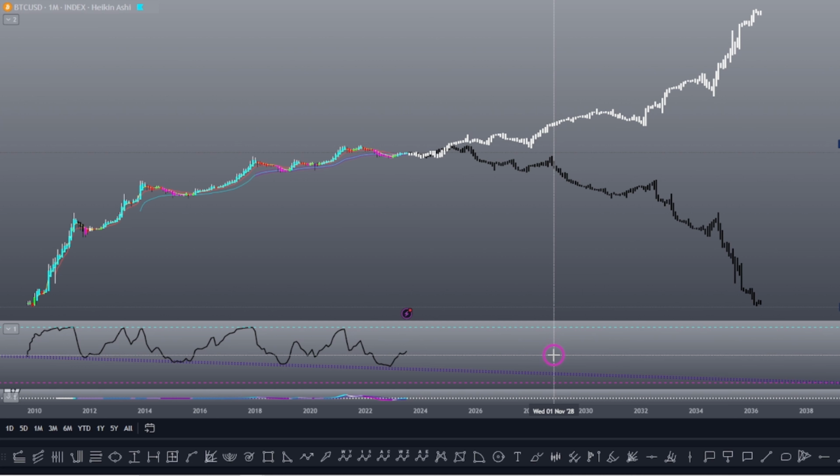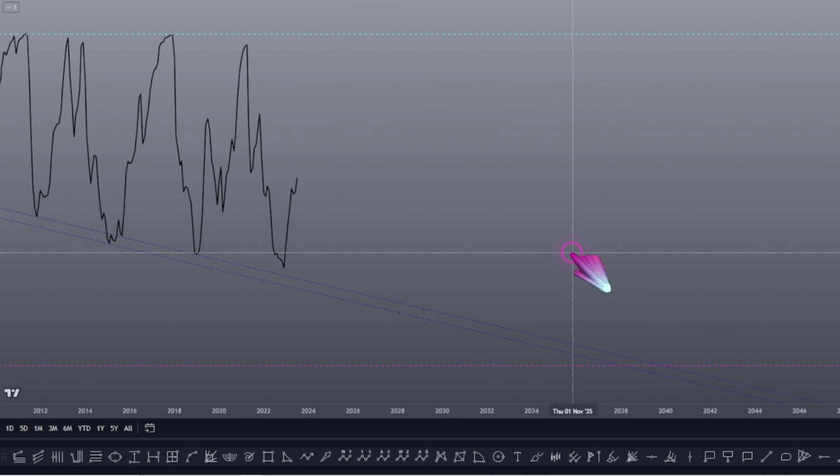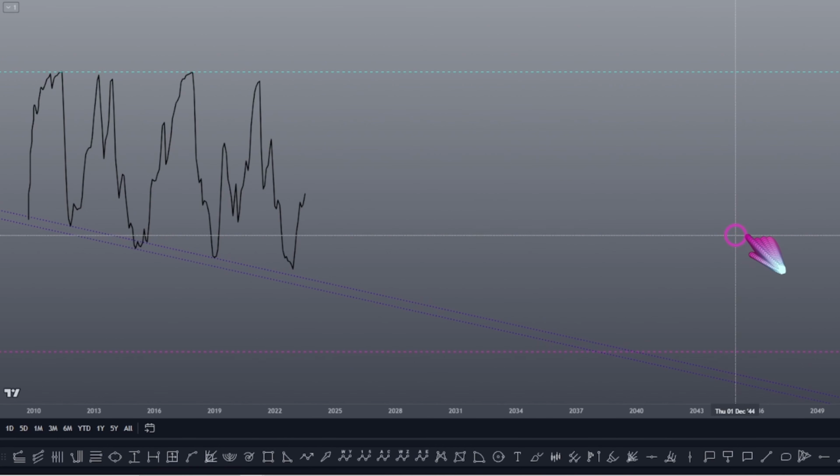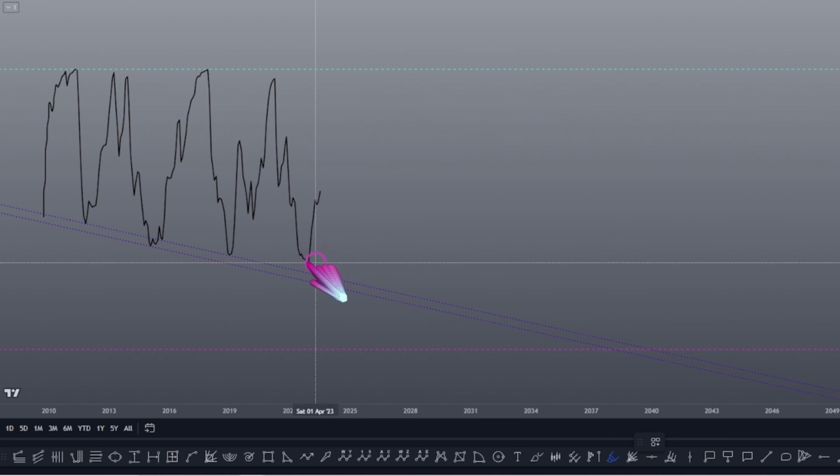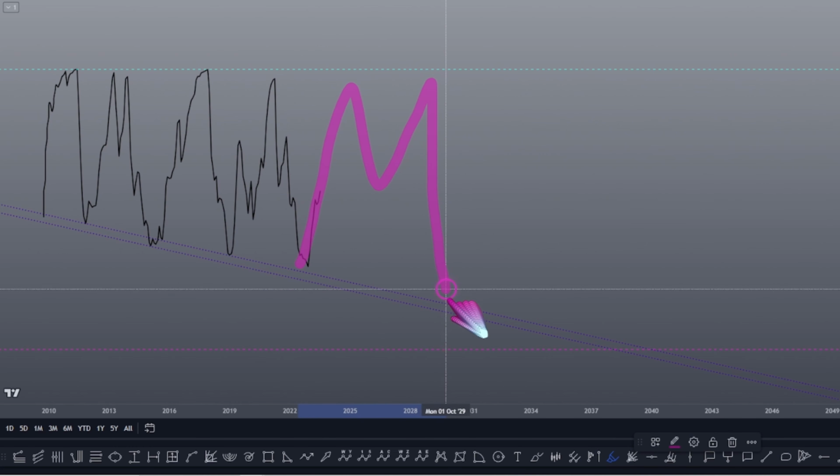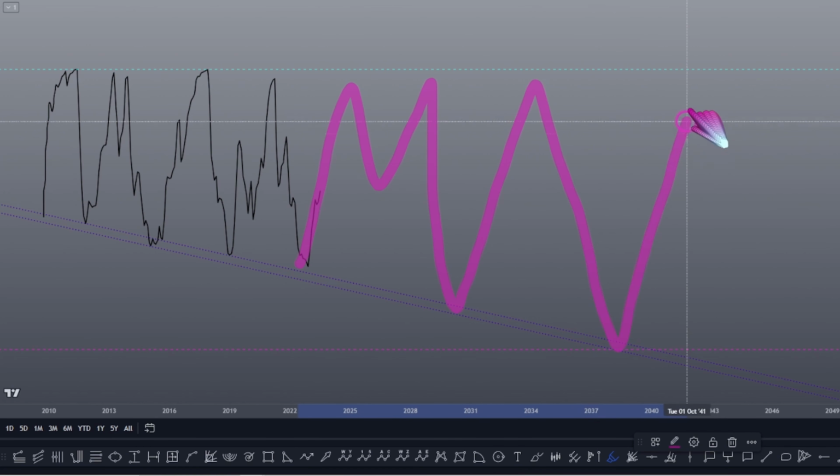So the idea here, with each of these black and white fractal patterns that we see, what I'm proposing is once we finally hit 0 on the RSI, we'll see something like this. That's basically the point that I'm painting out here.